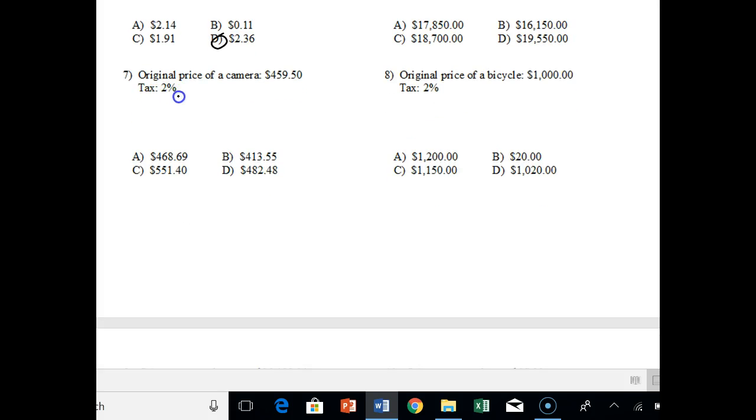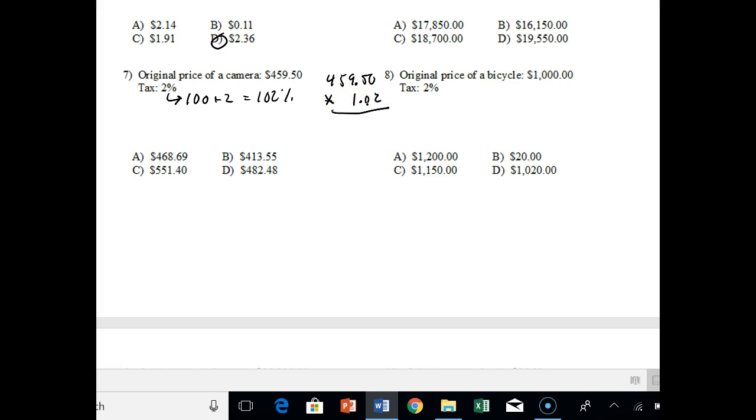And the camera is $459.50. So 100% would be that exact price, but now we're adding a 2% tax on it. So we're paying 102% of the normal price. So $459.50, not plus, but times, my fault, times 1.02.